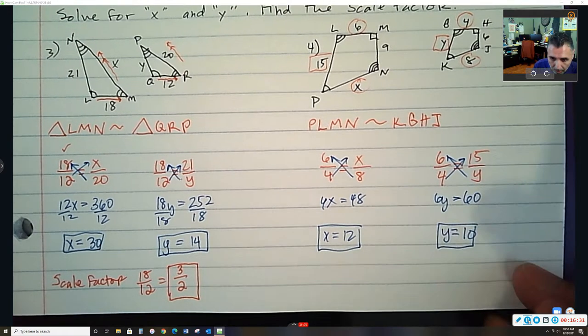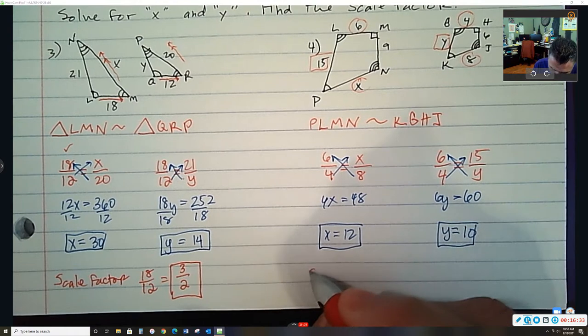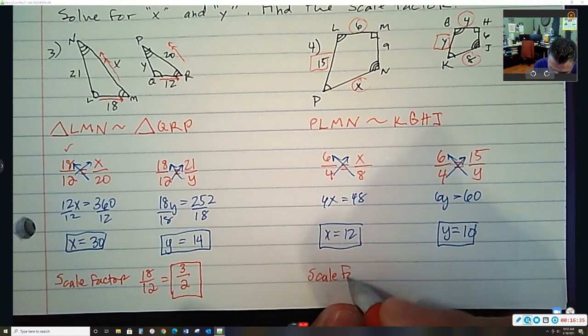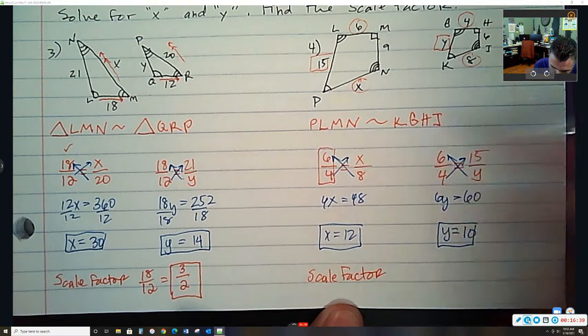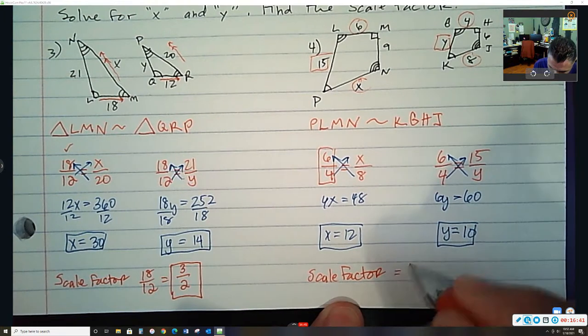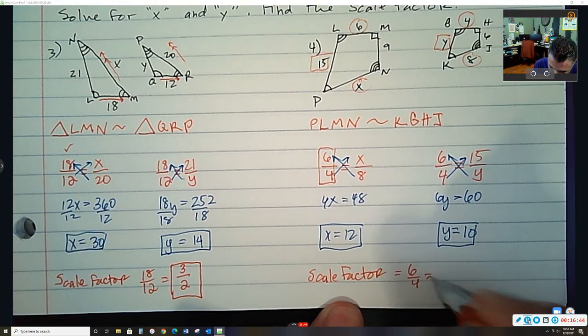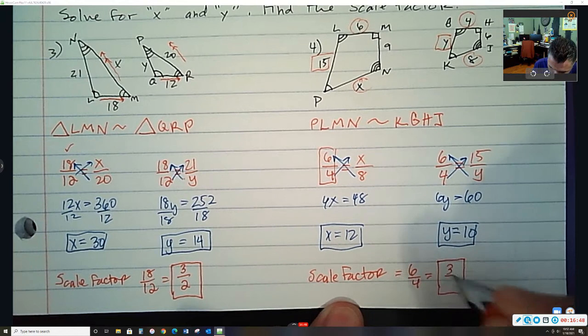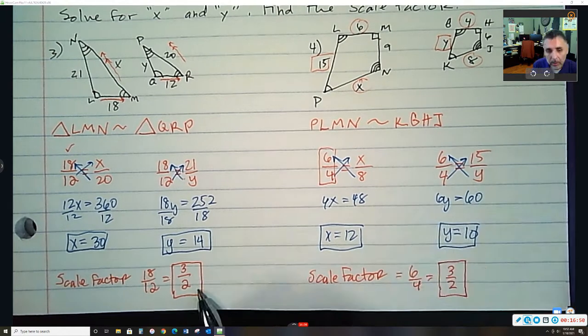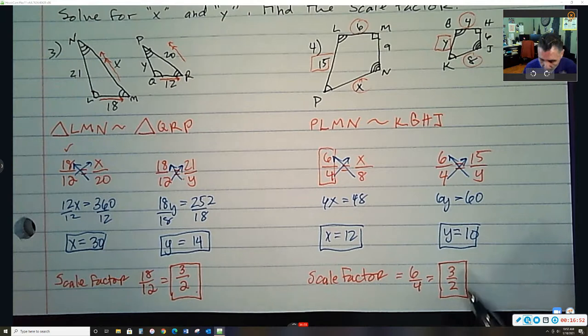And then again, the scale factor. We could take this one as our scale factor. 6 over 4, but reduce it, divide both sides by 2, and you get 3/2. Okay, same as this one over here. And that's it.